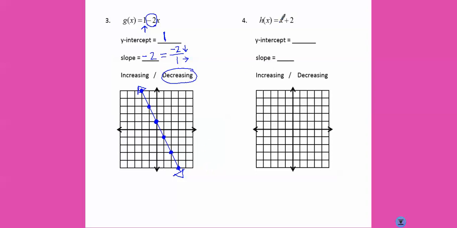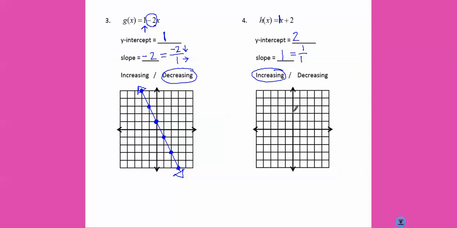Number 4. Our number in front of our x is going to be our slope. We'll come back to that in a second. Our other number is our y-intercept, so 2. If we don't see a number in front of an x, we know that there's a 1 there, so our slope is 1, which we can turn into a fraction by putting 1 over 1. Since this is positive, we know we're increasing.